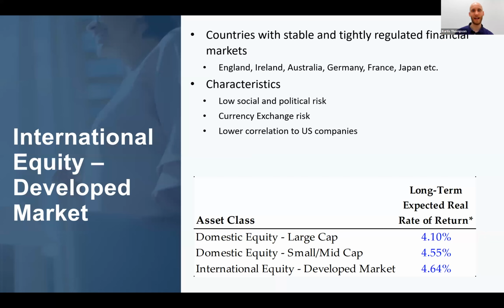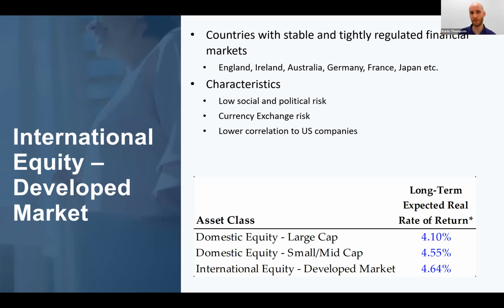The next asset class that we're going to look at is international equity. So these are companies that might not trade on the U.S. stock markets. It's a company that is headquartered in a different part of the world. And we're looking at international equity, and the first category is developed markets.